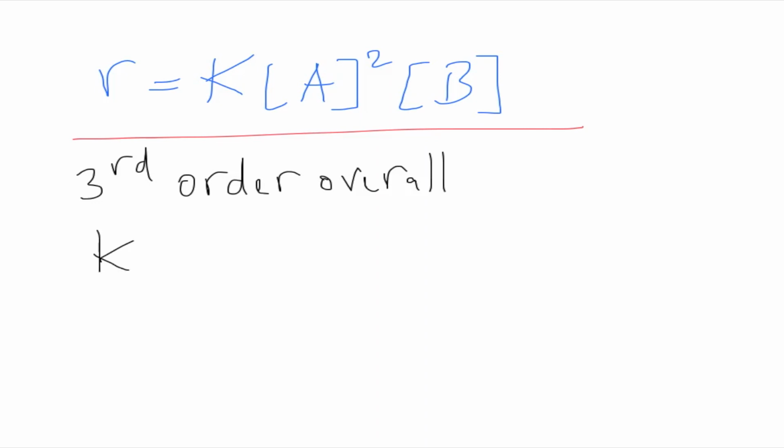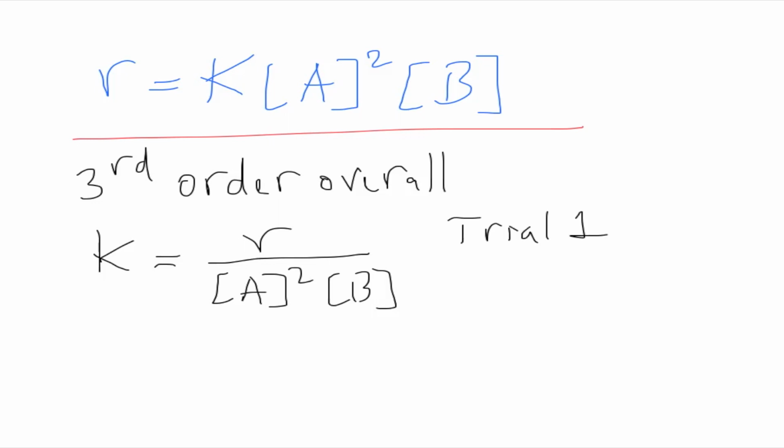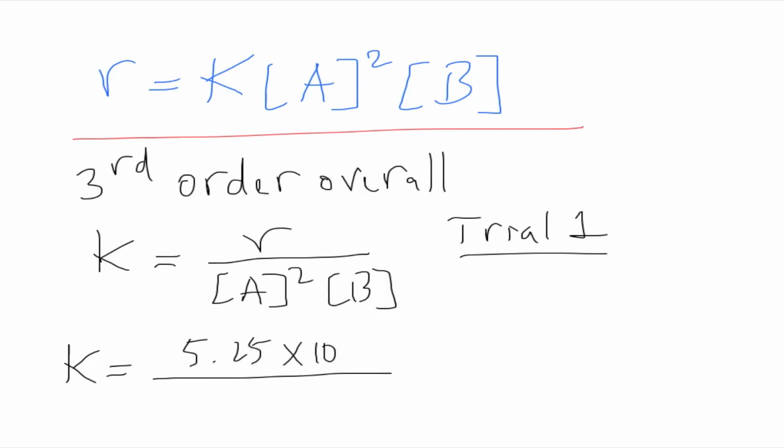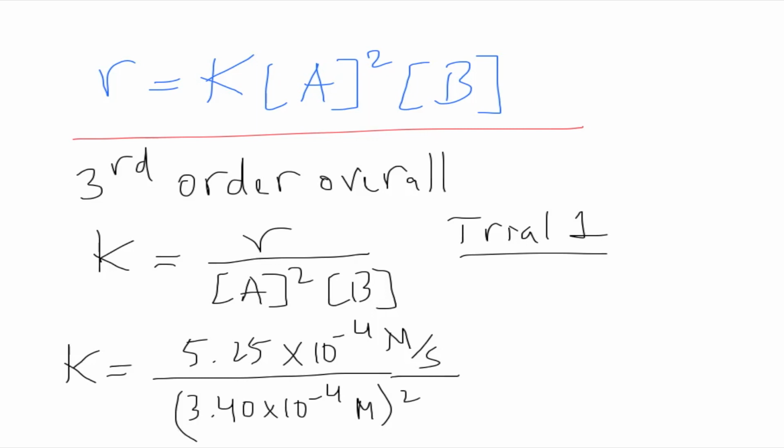Let's first solve for K. That will be R over the concentration of A squared times the concentration of B. And for trial 1, that is K is equal to 5.25 times 10 to the negative 4 mole per second over the concentration of A squared, 3.40 times 10 to the negative 4 molar squared, and finally times the concentration of B, which is 3.50 times 10 to the negative 5 molar.